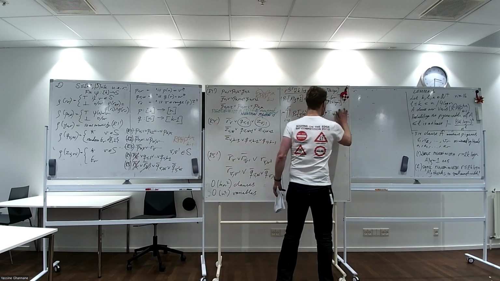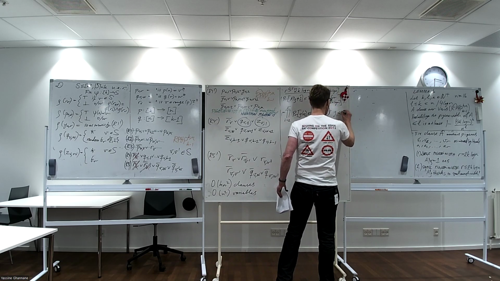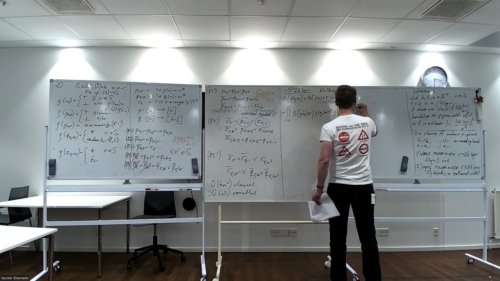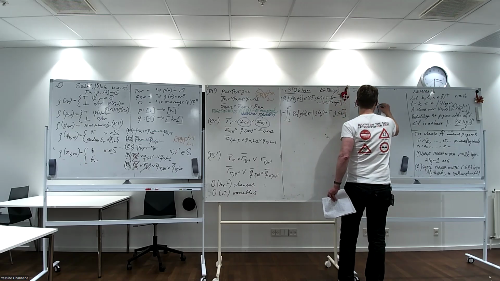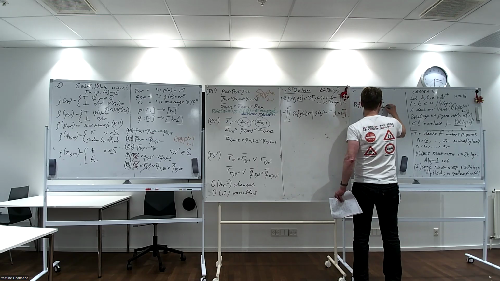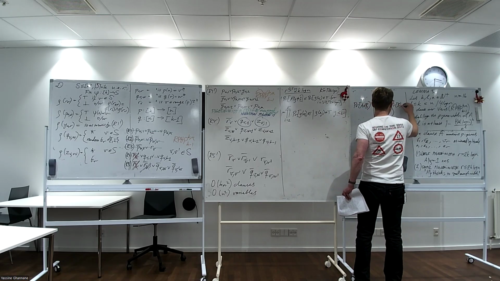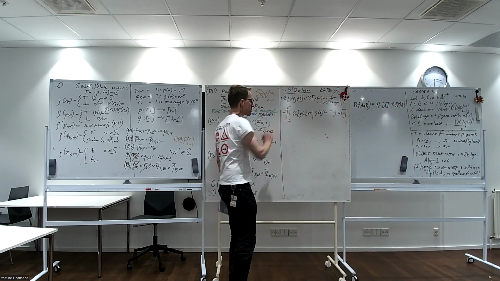So let me write here, j less than i. I'm just using that the probability of events A and B both happening is the probability of A happening times the probability of B happening, conditioning on A happening. This is just what I'm using here.